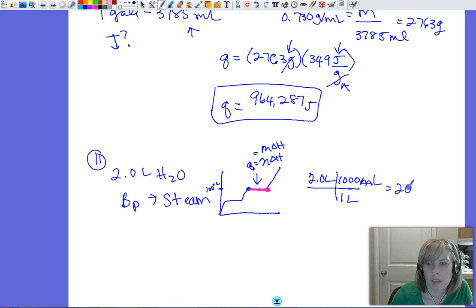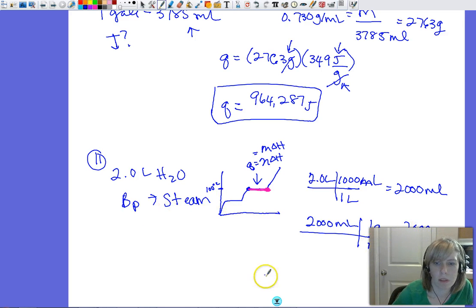So we get 2,000 milliliters. Now the density of water is 1 gram per milliliter. So that's why we can say that 2,000 milliliters of water gives us 2,000 grams.